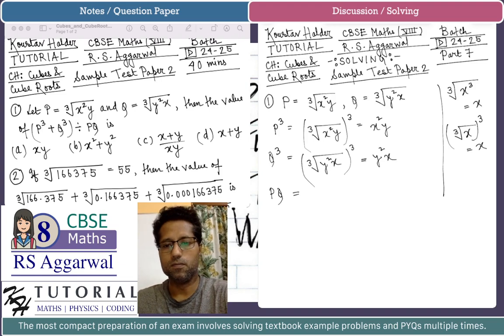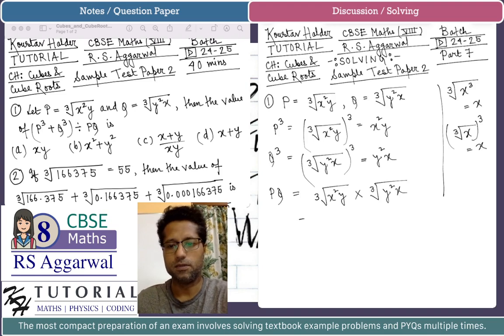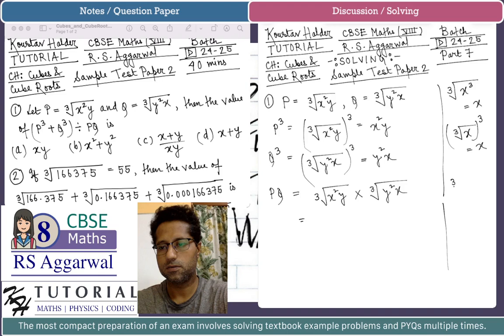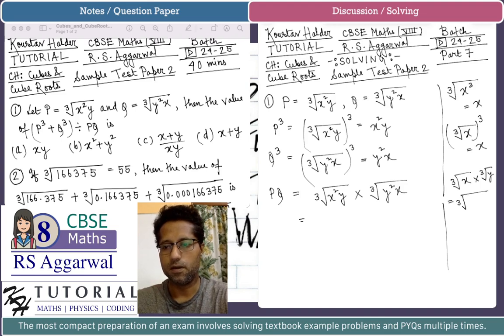And also see what is PQ. PQ is equal to cube root of x square y multiplied by cube root of y square x. We know that cube root of x multiplied by cube root of y is equal to cube root of x multiplied by y.